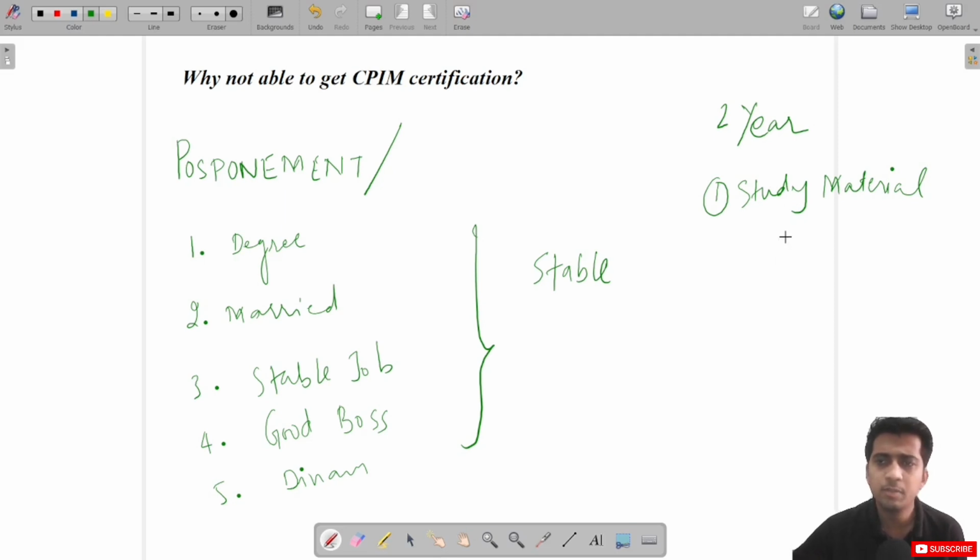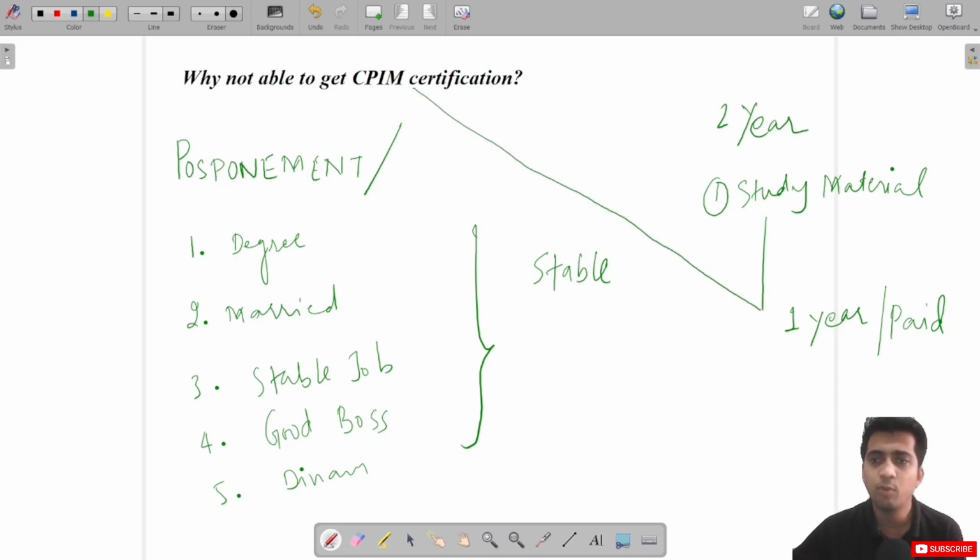Going through the study material gives you an idea of how much time you need to study. So you book an exam date in the future, say after 1 year. Once the exam date is booked and you have paid for it, automatically your mind will start planning and preparing for the CPM exam.